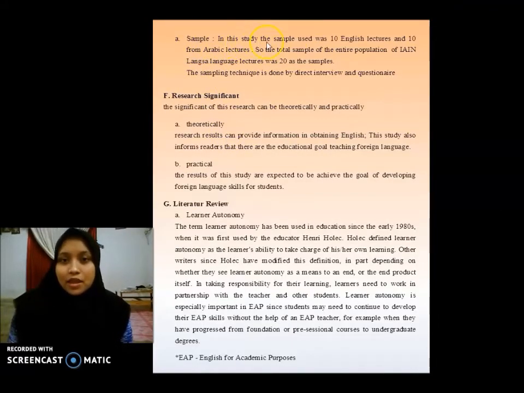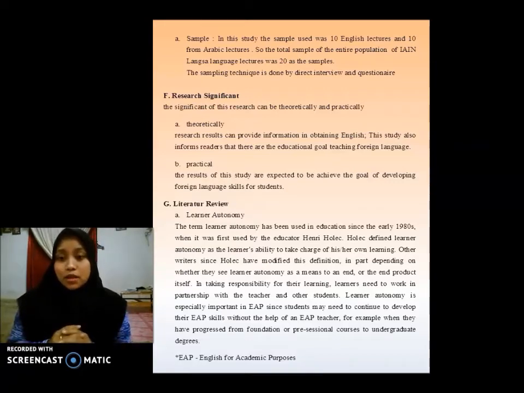Next, sample. In this study, the sample used was 10 English lecturers and 10 Arabic lecturers. Like I said before, UPT Pengembangan Bahasa is not only English but Arabic too.